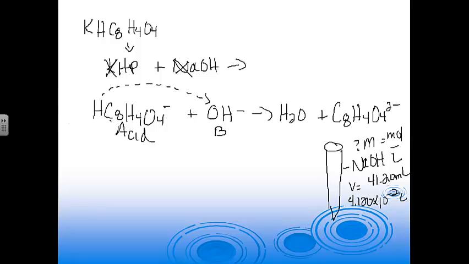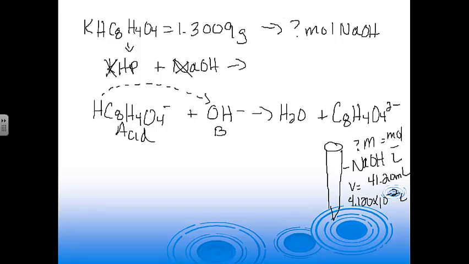So I've got to figure out the moles, which, if I had just told you in the very beginning that I started with 1.3009 grams of KHP and you wanted to know how many moles of sodium hydroxide, you would have been golden.